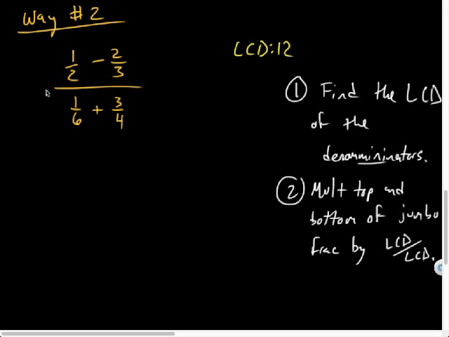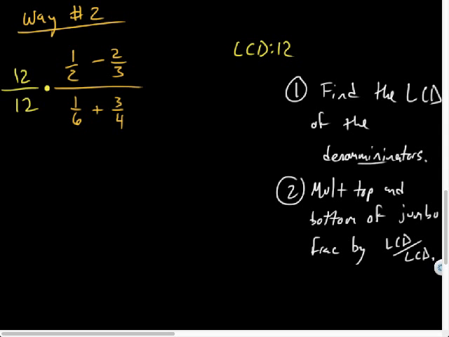I'm going to multiply top and bottom, and sometimes I'll let you just write the shortcut of LCD over LCD. In this case, let's write it out until we get familiar with this process. 12 twelfths. So the jumbo frac is being multiplied by 12 twelfths. Notice it also was not the part of the LCD it was missing. I was just straight up multiplying top and bottom by the LCD.